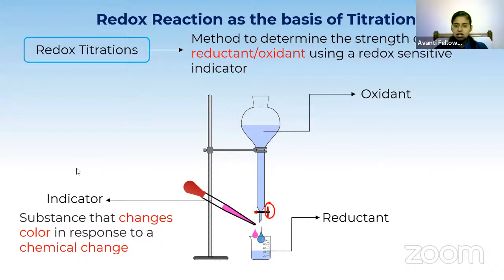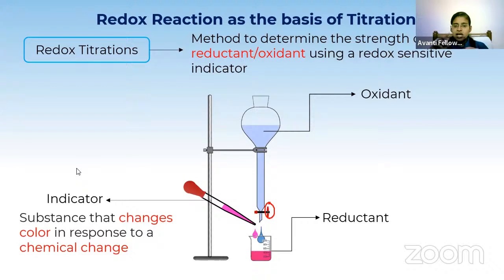Initially the solution was light blue or colorless, and now it has changed to pink. It means the reaction has happened, and at that point you stop the titration. If we do the titration using an oxidizing agent and a reducing agent, it is called redox titration.